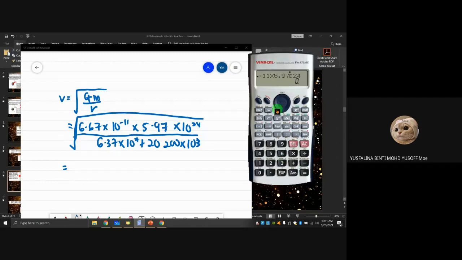Alright, so let's check again. I put 6.67, right? And 5.97. Then I divide by 6.37 exponent 7 plus 20 exponent 3.